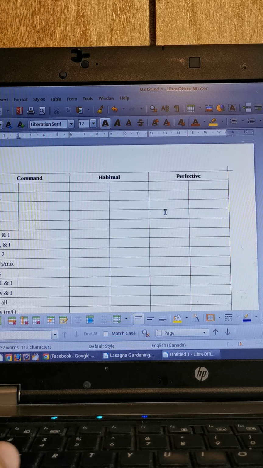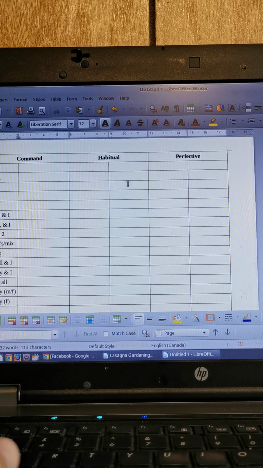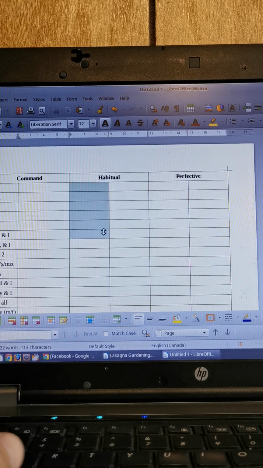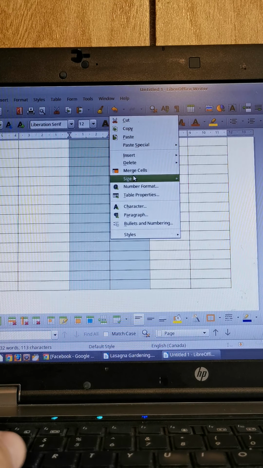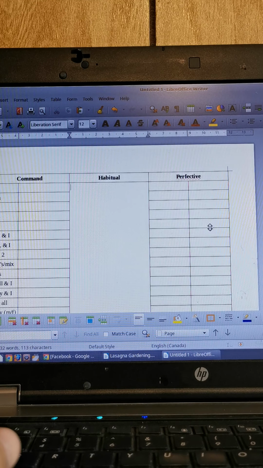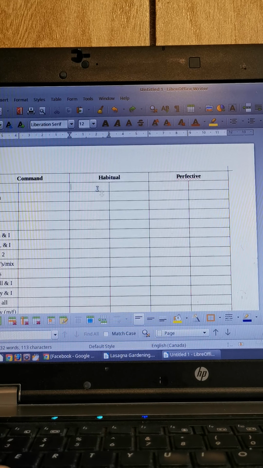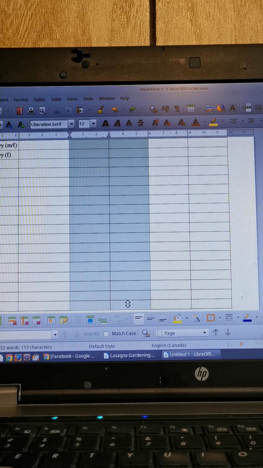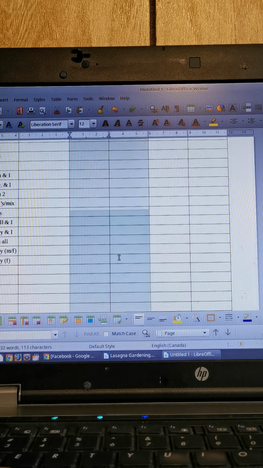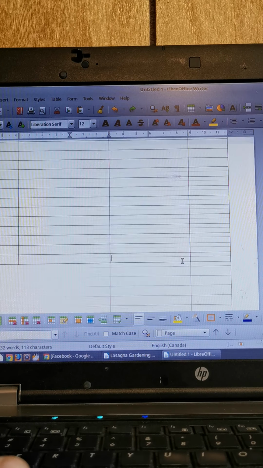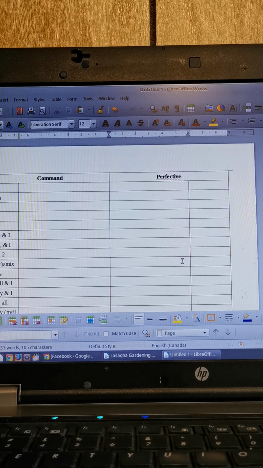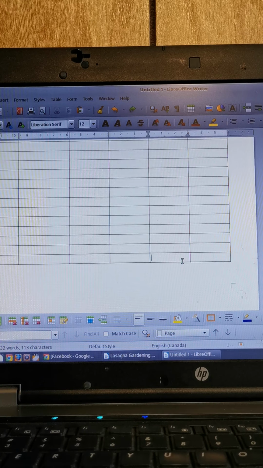Actually, you know what? Let's erase this extra merge cells. Oops, I didn't want to do that. How about we delete the column? That's not what I want it to do either.